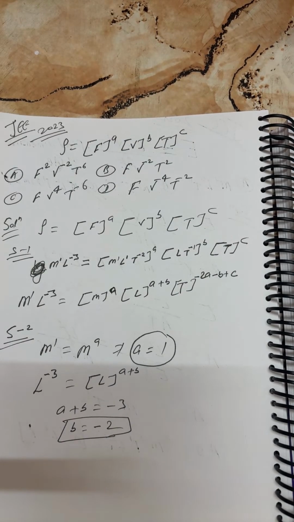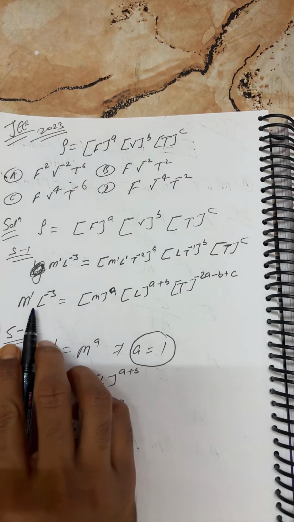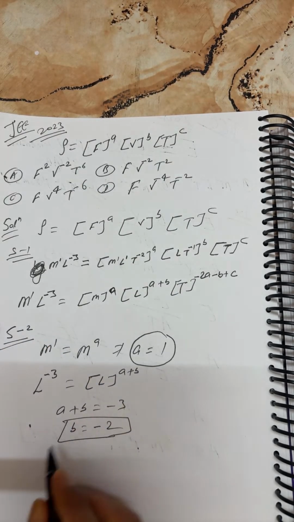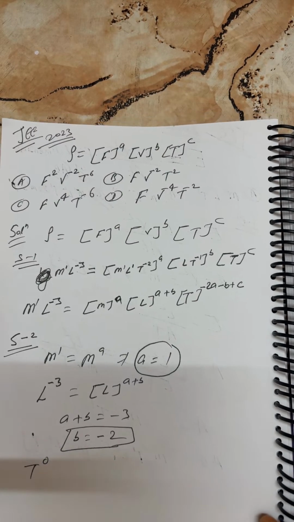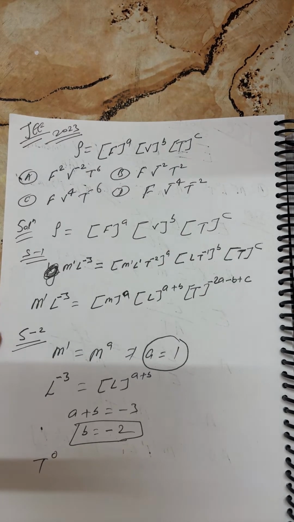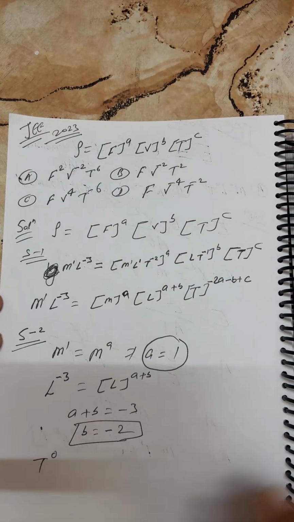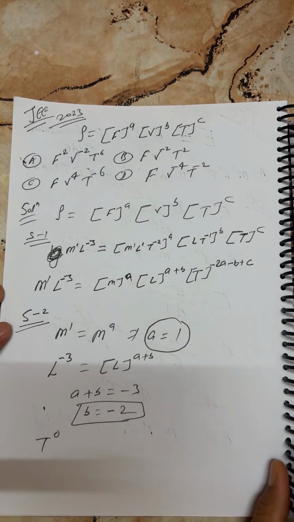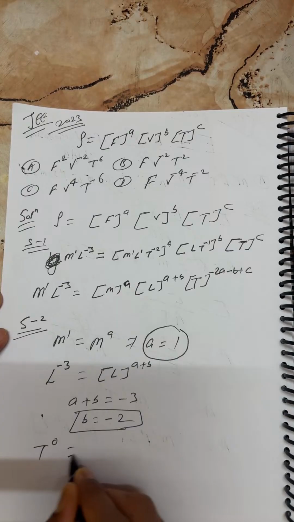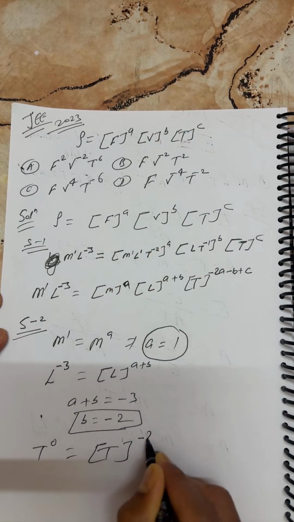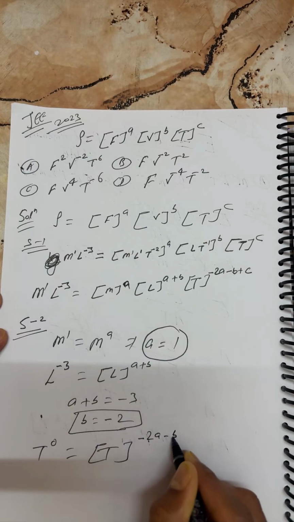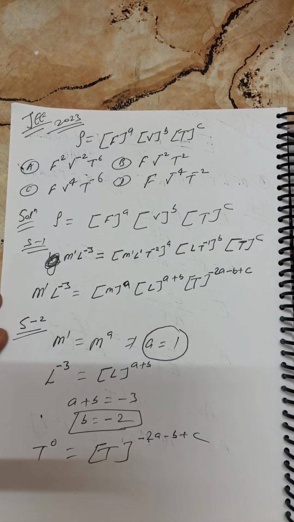c, basically. We don't have any terms of time on the LHS, so you can say T to the power 0, which is equal to T to the power minus 2a minus b plus c.